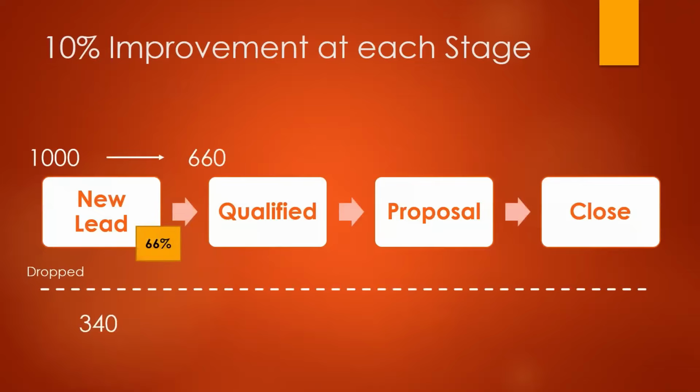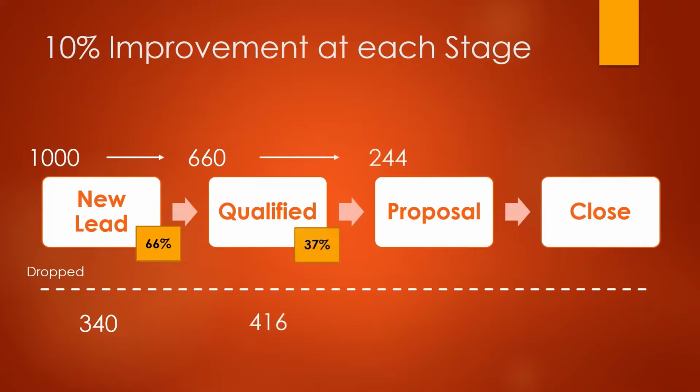If you remember, earlier when you had a conversion of 60% for the first stage, 600 deals moved from contact to qualified. But if you improve that 60% by 10%, it becomes 66%. Hence, you now have 660 deals moving to the qualification phase.